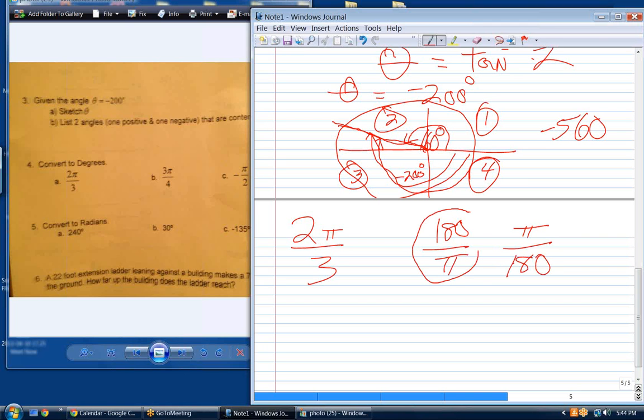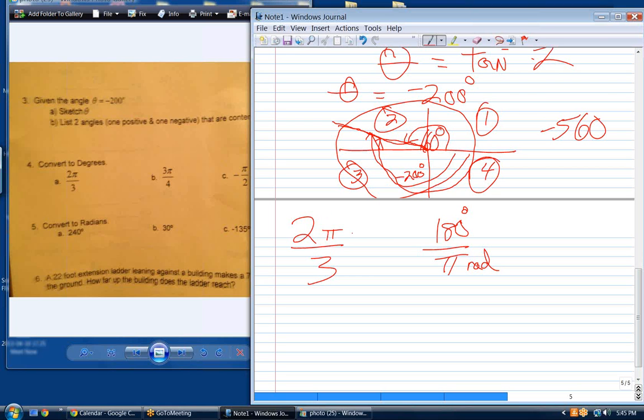It depends on whether you're going from radians to degrees or degrees to radians. The trick is to remember which one goes with what. It's not difficult. Just know that this is 180 degrees per pi radian.